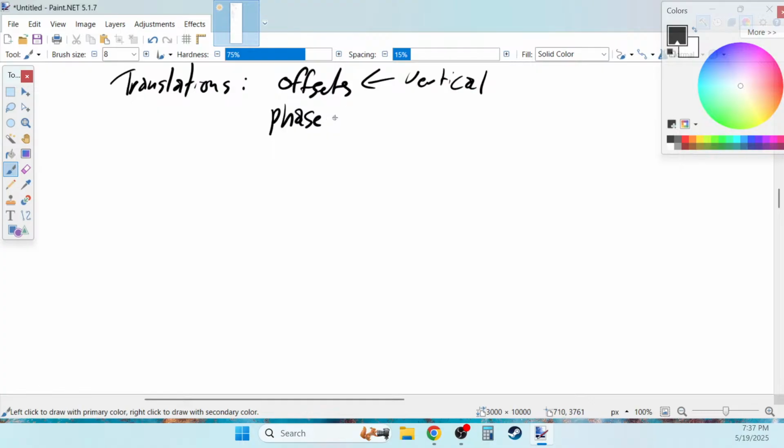These terms are only used for repeating functions, so like trig functions. You're not going to talk about a phase shift for like a polynomial. That wouldn't make sense. You wouldn't talk about a phase shift for your college algebra class.